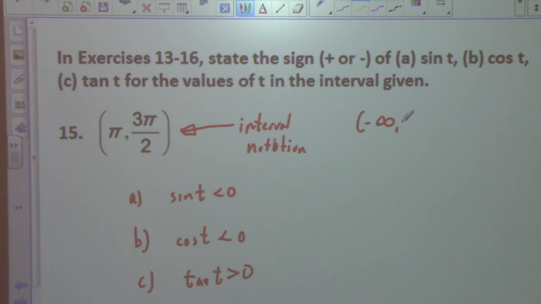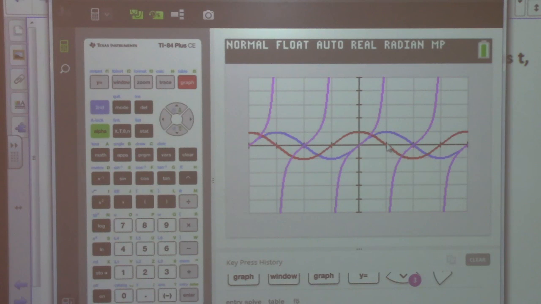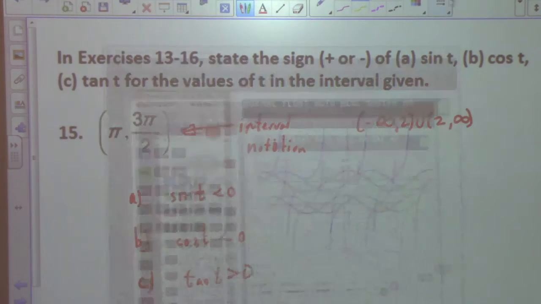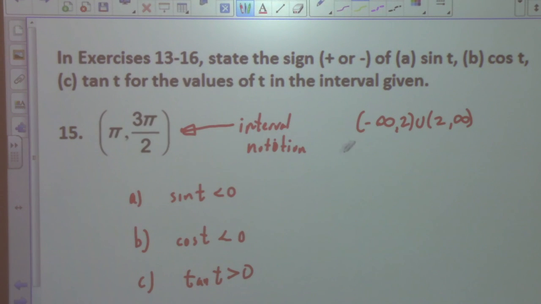Negative infinity to 2 to infinity. Okay. So these are the intervals from t equals pi to t equals 3 pi over 2. And so if you straighten that out along an x-axis like you suggested earlier, this is exactly what you're talking about. Pi over 2, pi, 3 pi over 2, 2 pi. Okay? I see what you're saying. Yeah, okay. So I'm sorry you didn't understand that.